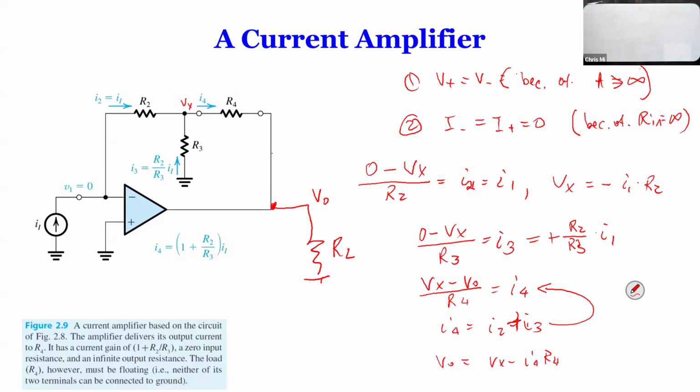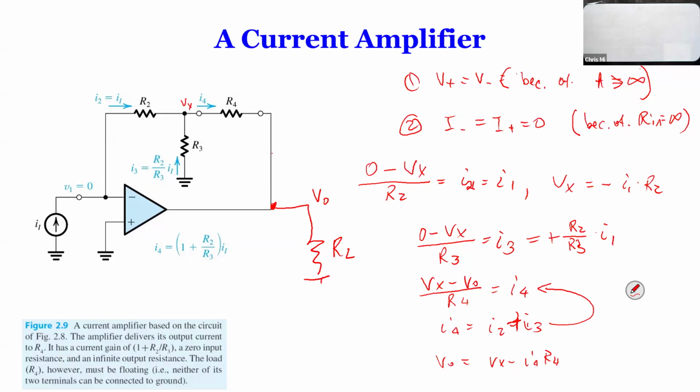Vx is already negative, and then you minus I4 times R4, which means Vo is further negative. If you have numbers, it will be easier: maybe 1 volt, you get minus 1, then minus 2, something like that. In the future, you will see that this 0 is the most important part, and this 0 also. So Vx is negative.